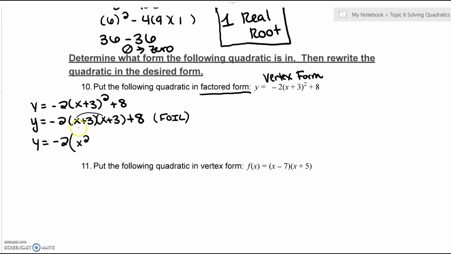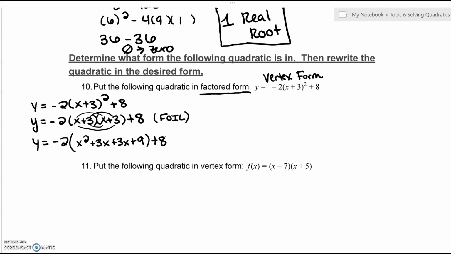The outer two terms is x times 3, which is 3x. The inner two terms, 3 times x, which is also 3x. And then the last two terms, 3 times 3, which is 9. And don't forget to bring down your plus 8.